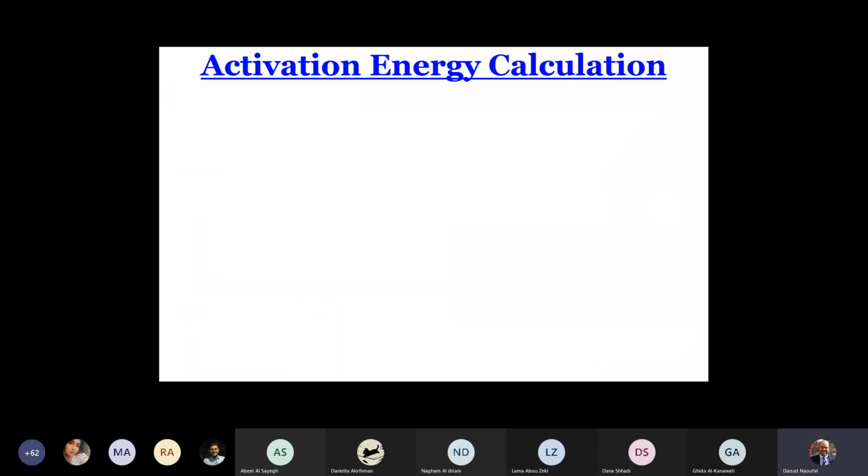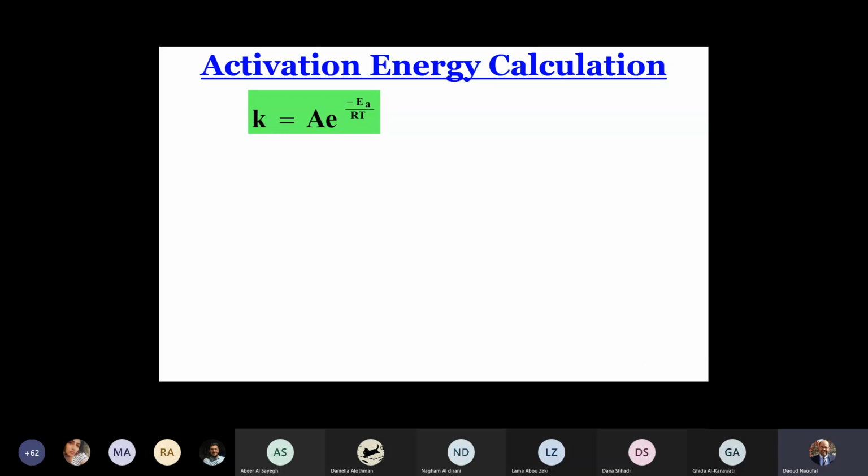How to calculate the activation energy? According to the Arrhenius equation, the rate constant of the reaction is related to the frequency factor or the steric factor, the activation energy, and the temperature of the reaction.